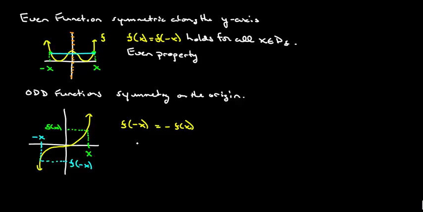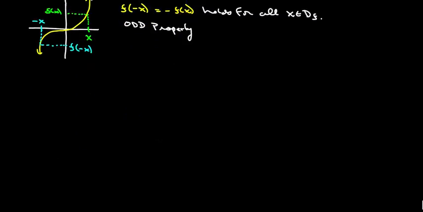That's it. This property is the odd property. This holds for all x's which are in the domain of the function. So these are our two properties. If neither of these properties hold, then we say that the function is neither even nor odd.